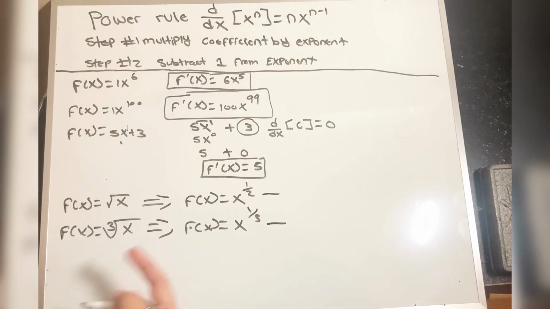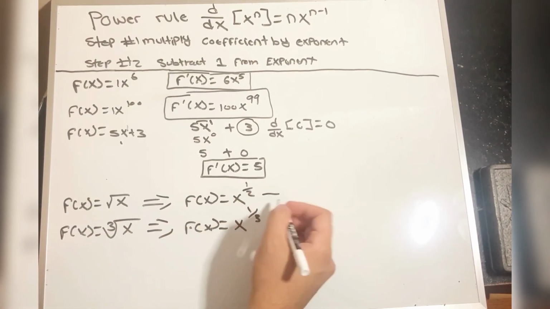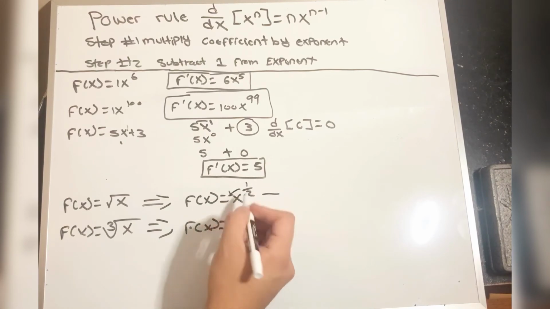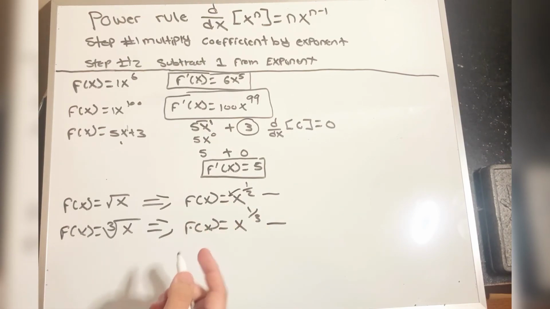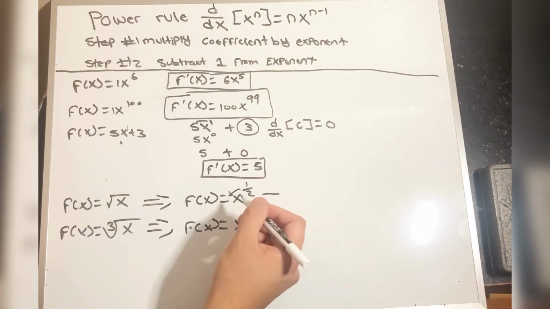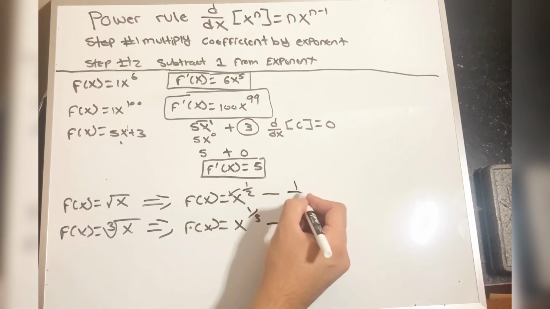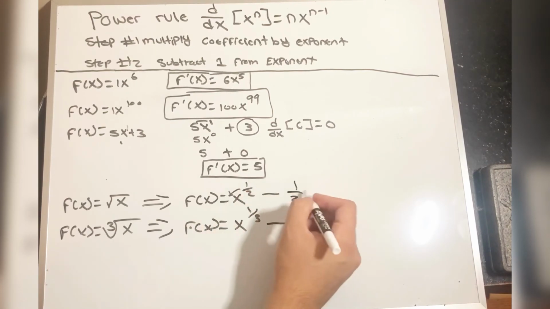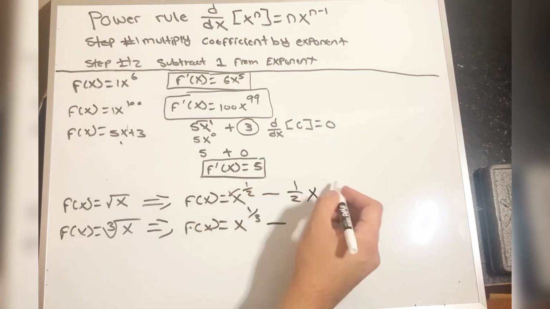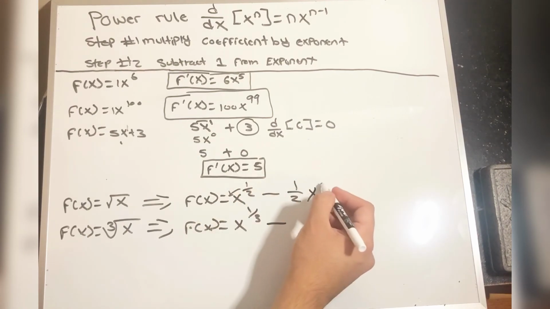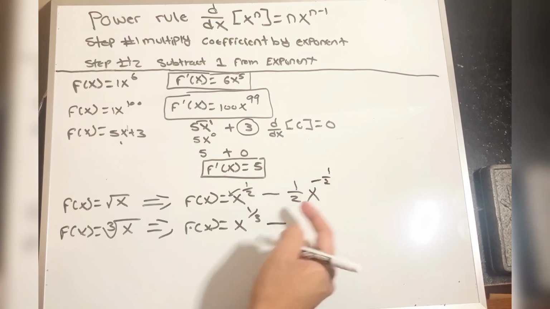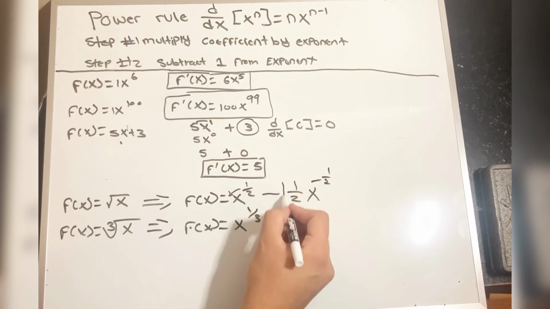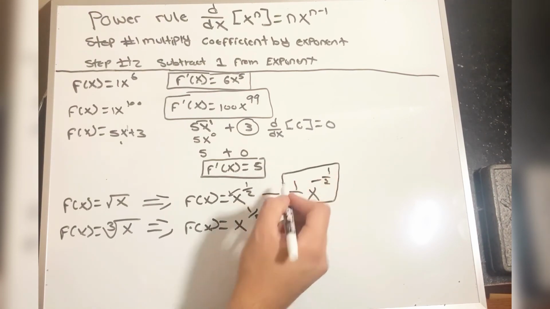So here we can do f of x, right? So we can multiply 1/2, bring that 1/2 times 1, x, 1/2 minus 1 is just negative 1/2. So that's the answer for that one.